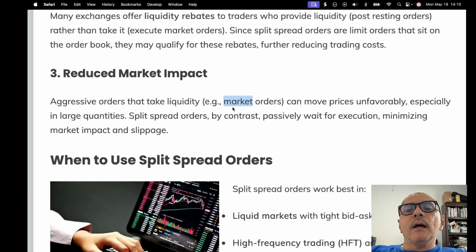Okay. However, split spread and limit orders in general are different because they are only executed when that particular condition happens. Okay, in other words, the price reaches this particular level, and in that case, you are not moving the market in that direction.